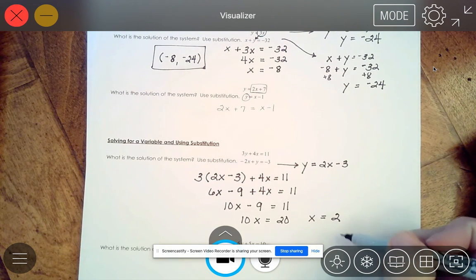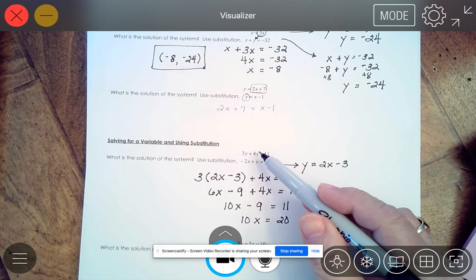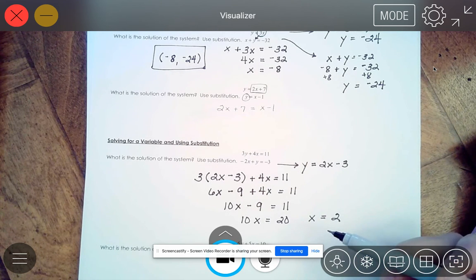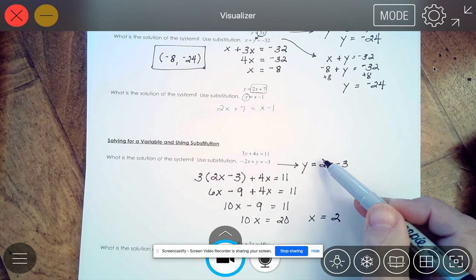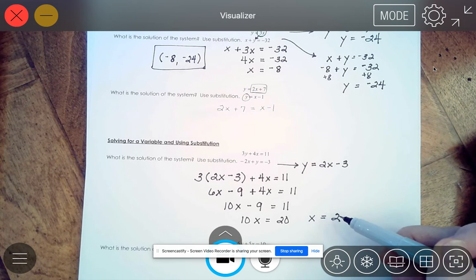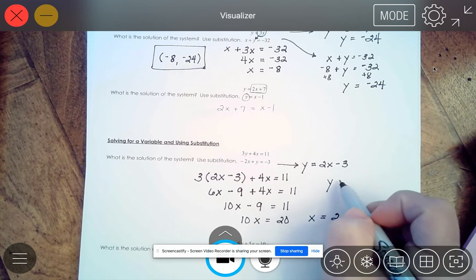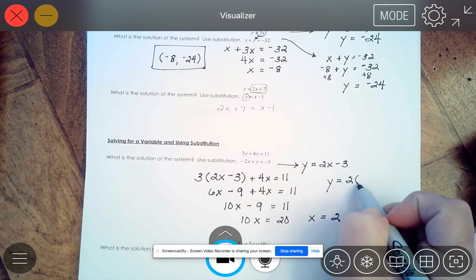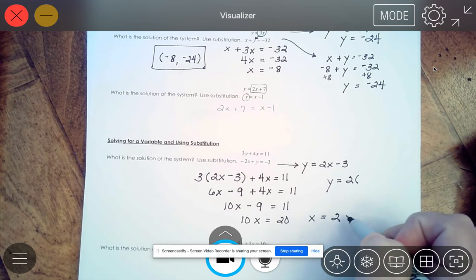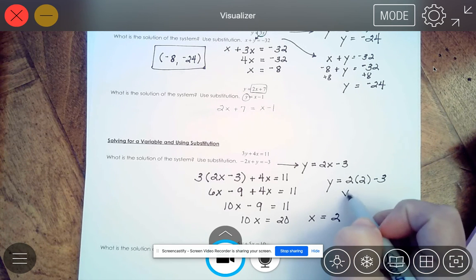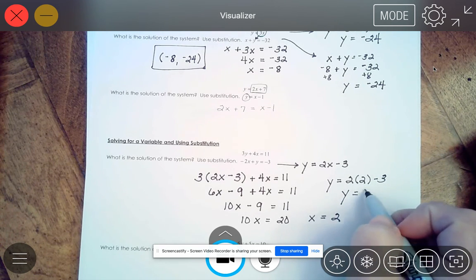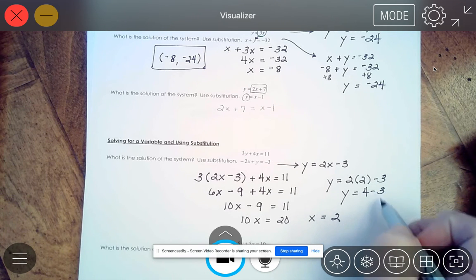Now, I know the x value, and this is a solution to this system. I need to know the y value. So now I can put it back in here, back in this one up here, and tell what y is. y is equal to 2 times x, the 2, minus 3. y is equal to 2 times 2 is 4, minus 3. y is equal to 1.